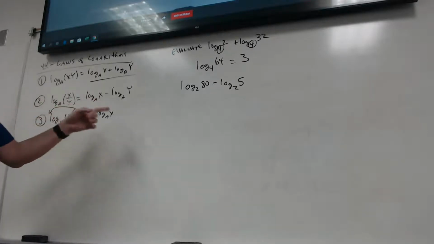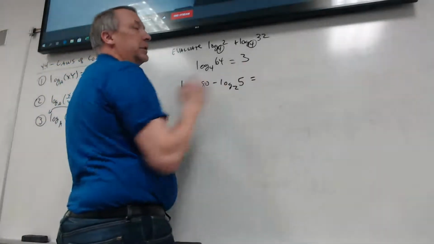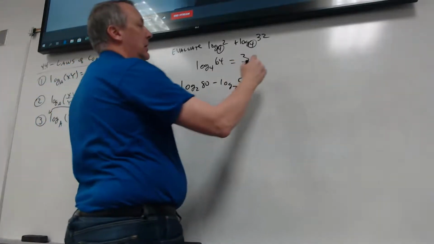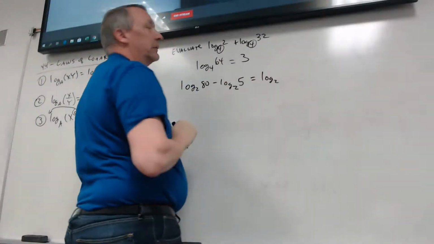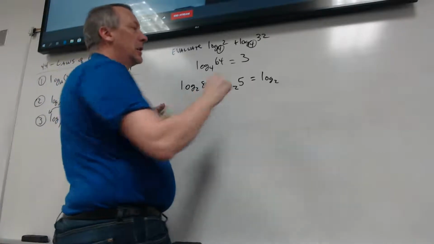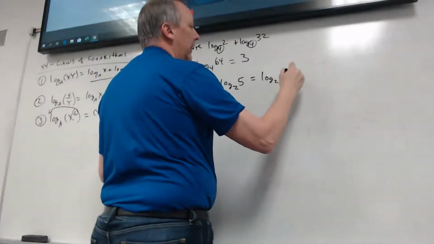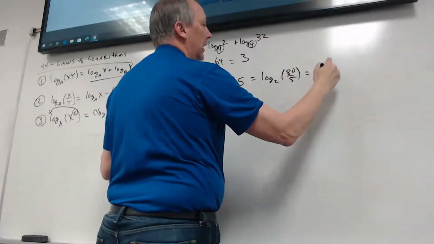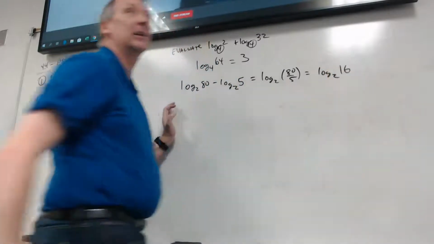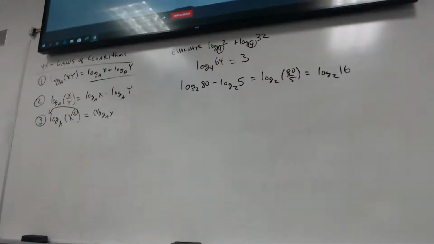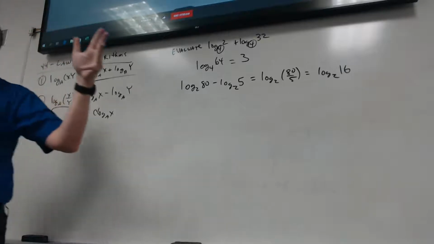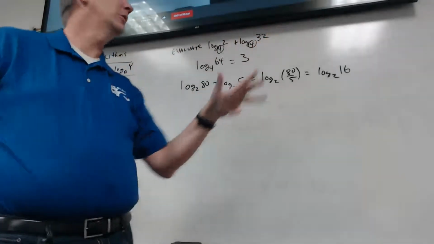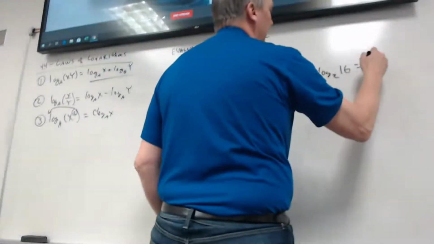We can combine these into a single log, log base 2 of 80 divided by 5, which equals log base 2 of 16. And you can figure that out without a calculator. 2 times 2 times 2 times 2 is 16, so that equals 4.